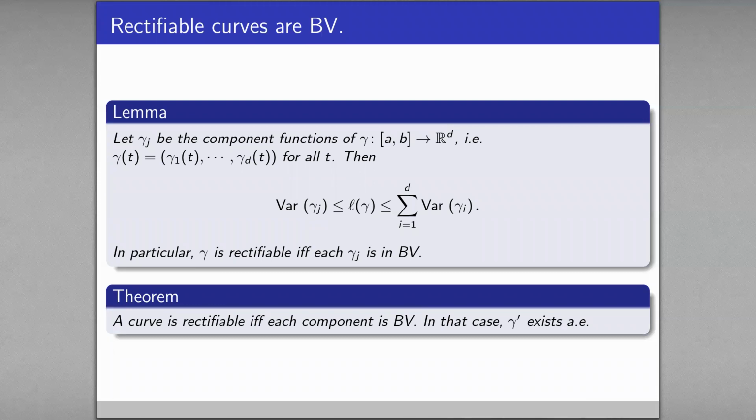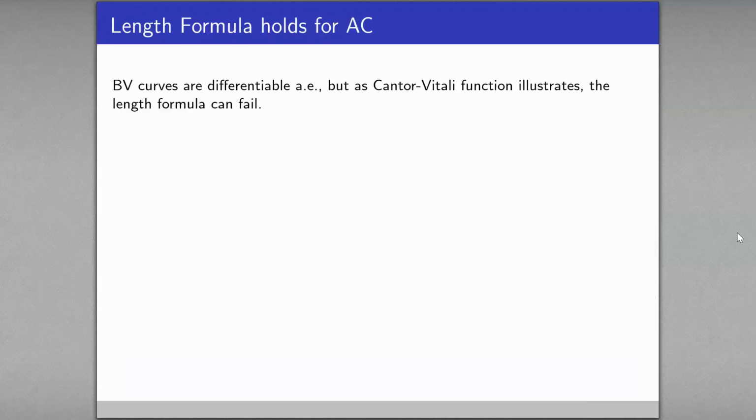Therefore, gamma prime exists almost everywhere. So we can actually formulate the length formula, but we saw that for BV, the length formula can fail. You do have the derivative, but you integrate it and you do not recover your function.